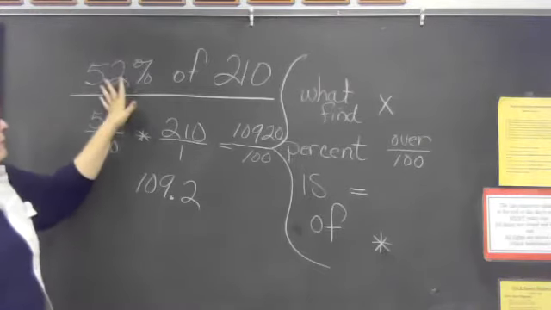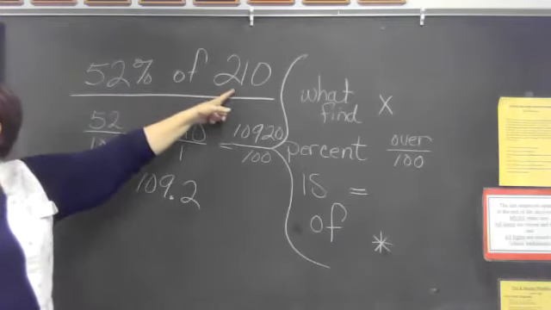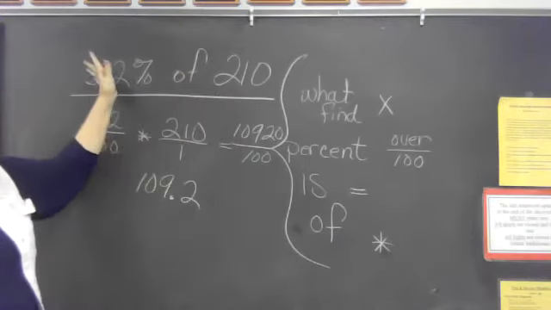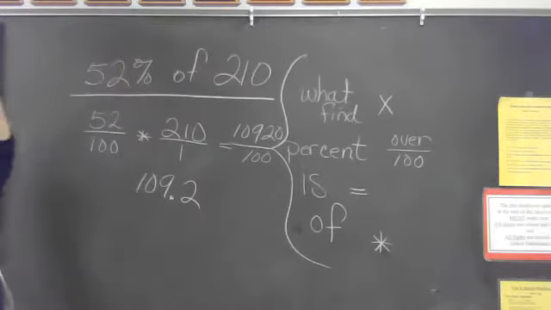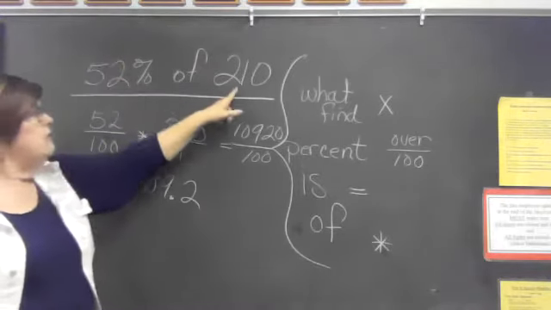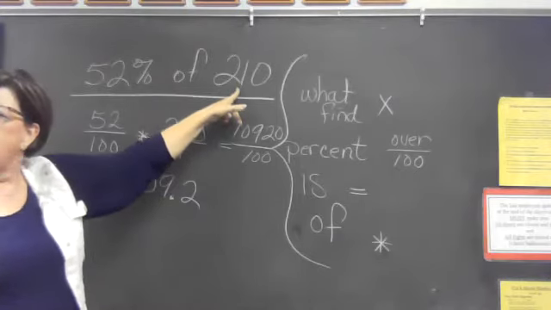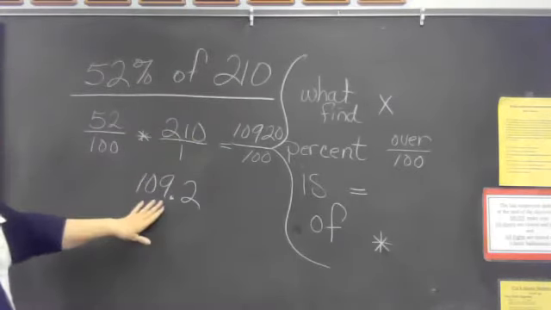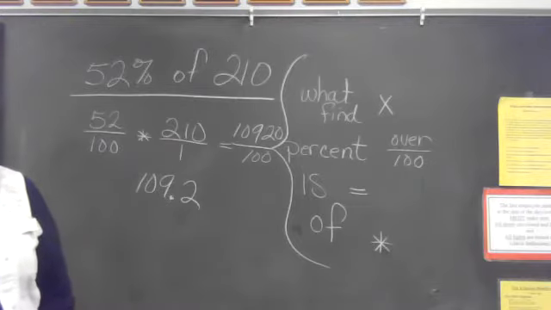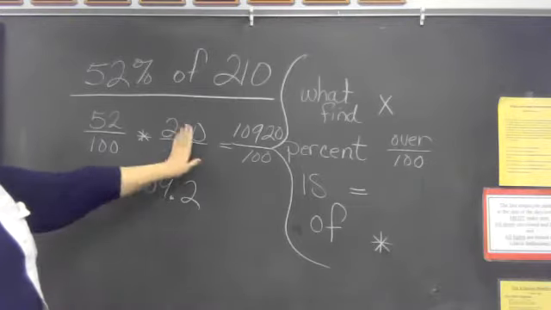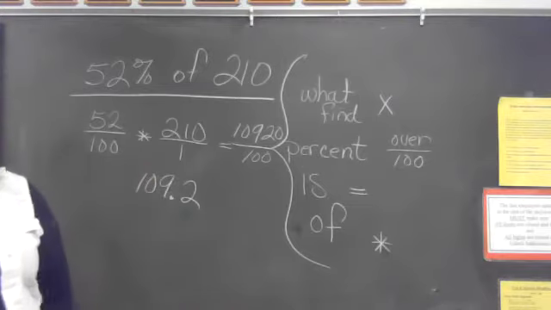So half of 210 would be 105, right? Half of it means I'm going to divide this by 2. So I'm estimating in my head half of 210 is about 105. So when I got 109, that answer makes sense to me. Okay, we did the mathematics correctly, and this makes sense.